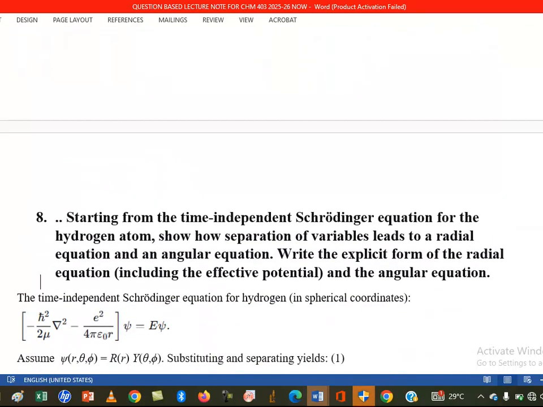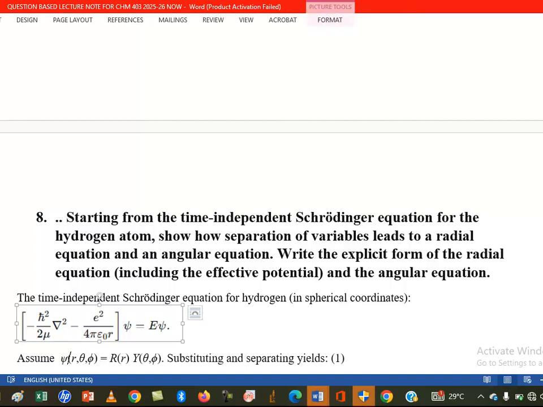Now, I'm sure you have done this. Starting from the time dependent Schrodinger equation for the hydrogen atom, show how separation of variables leads to a radial equation and an angular equation. So all I need is for you to separate the variables into the radial equation and the angular equation. Simple.